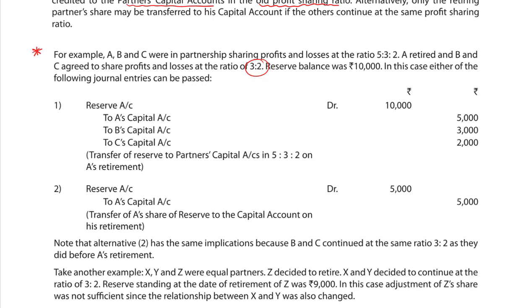First, reserve account debit 10,000 to A's capital account 5,000, to B's capital account 3,000, to C's capital account 2,000. Transfer of reserve to partners' capital accounts in 5 is to 3 is to 2 on A's retirement, that is the old ratio. Next, reserve account debit 5,000 to A's capital account 5,000. Transfer of A's share of reserve to capital account on his retirement.